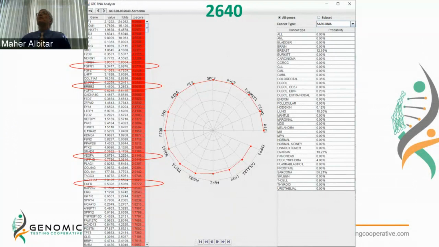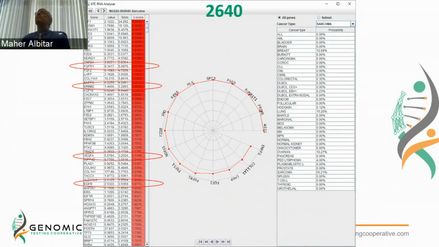There is also overexpression of VEGF alpha and of VEGF A, and this is very important for vascularity. The EGFR gene is also overexpressed in this particular patient. All this overexpression, in my opinion, is very relevant for distinguishing this particular tumor from other types of sarcomas.